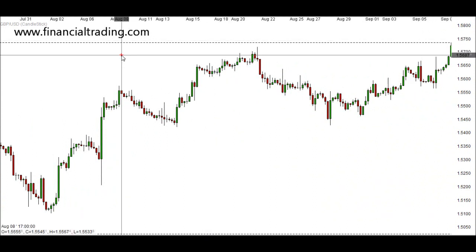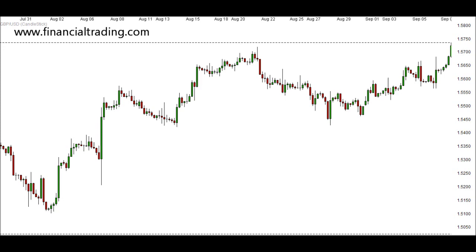Once again, this resistance area that we've marked, price comes up to this area. These are not specific levels in the market, but areas. Price reaches this area and price changes direction, or is rejected.